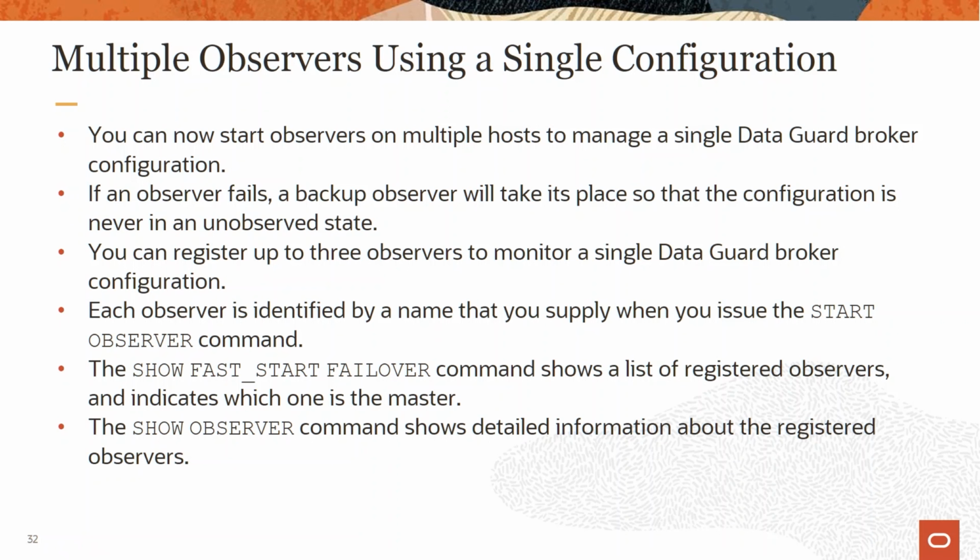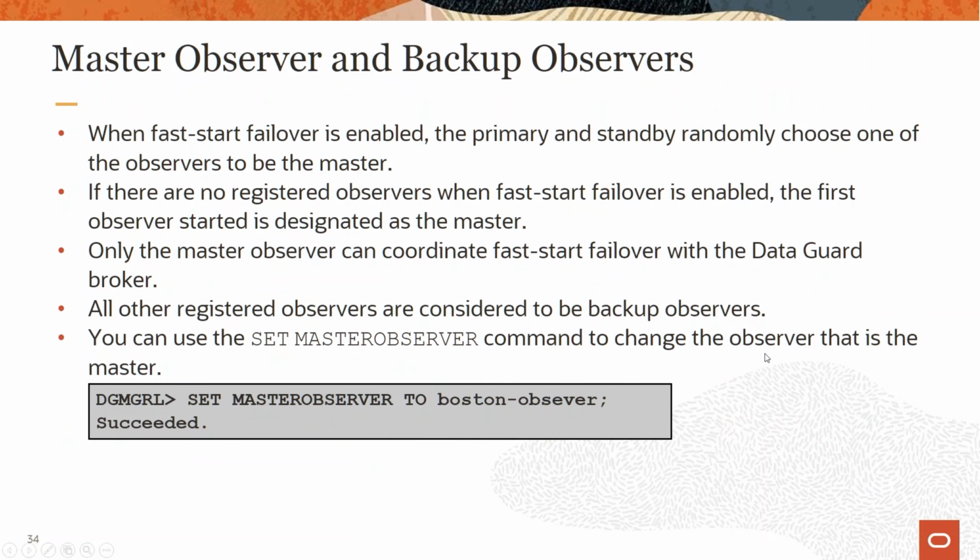You can run the show observer command to see the current configuration. If you want to switch the master role, then you can set master observer to observer name. When you start observer without a name, the observer name will include the host name, or you can provide a name when you start the observer.